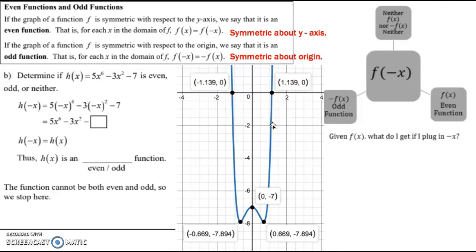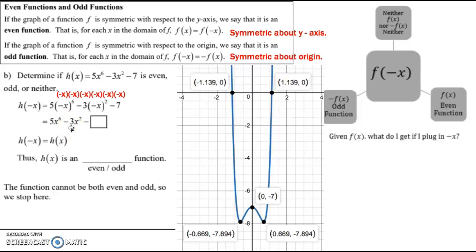Let's see what happens when we plug in negative x into our function 5x to the 6th minus 3x squared minus 7. So I'm going to plug in negative x to see what we end up with. Negative x to the 6th power. Notice here that I have negative x multiplied by itself 6 times, giving me a positive value, so 5x to the 6th.